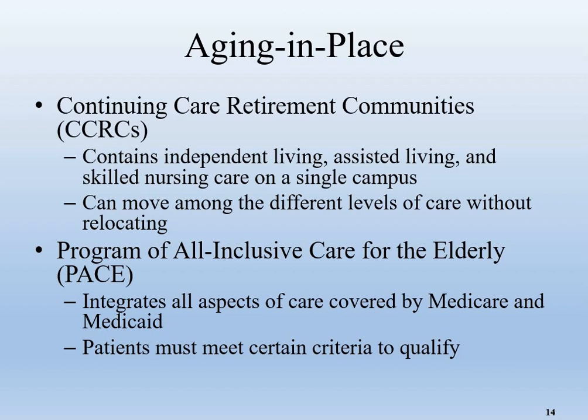It had single-family homes. It had all these kinds of independent living, assisted living, and skilled nursing home, all in the same planned community, and these are becoming more common.